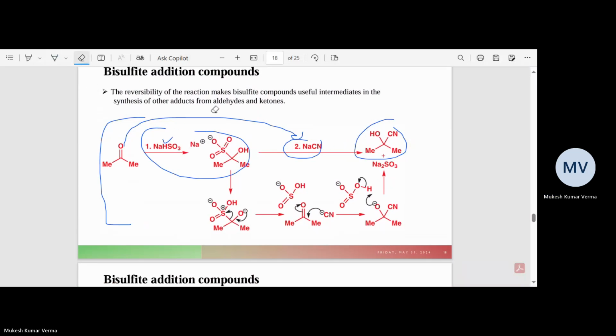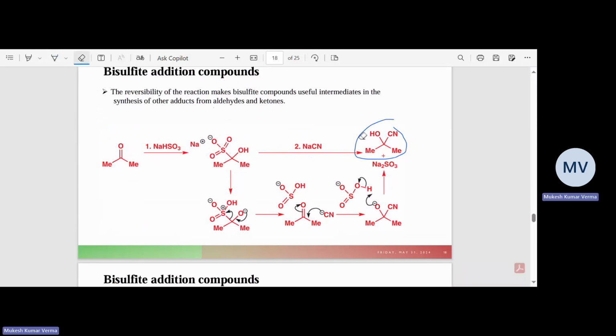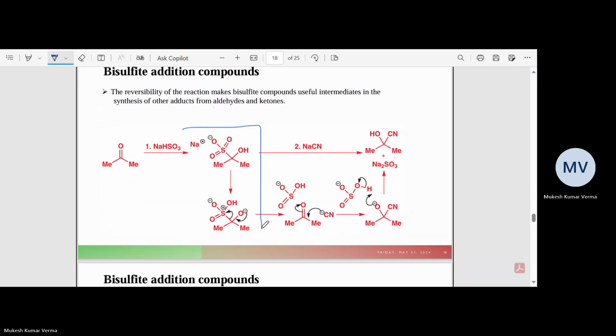But if we focus on these reactions, in the first step there is a simple addition of bisulfite. In the second step, we see a cyanide attack on the ketone. But in the next step, in the case of direct addition of sodium cyanide, the hydrogen atom is transferred by HCl. In this case, the proton is provided by bisulfite.